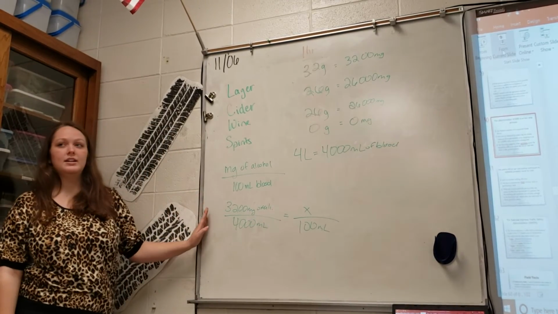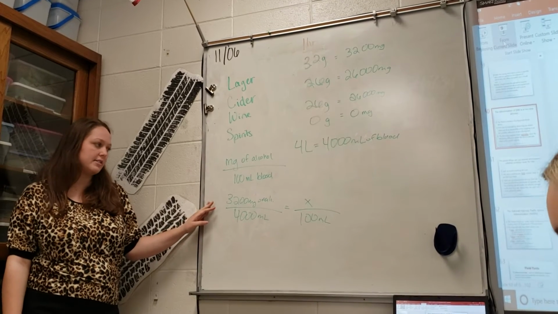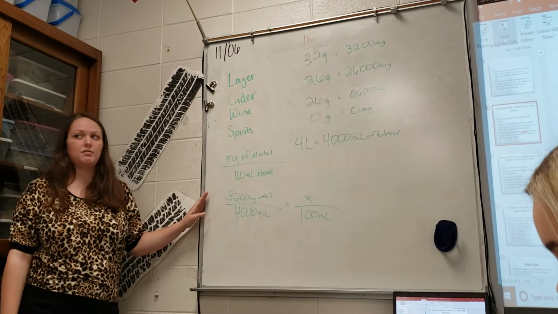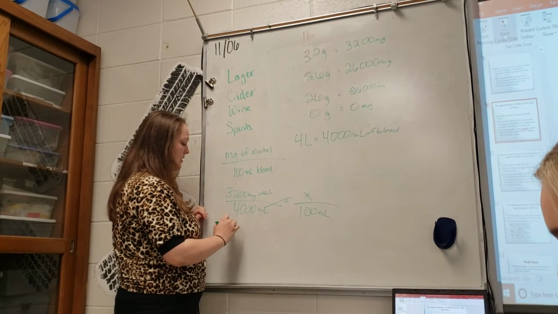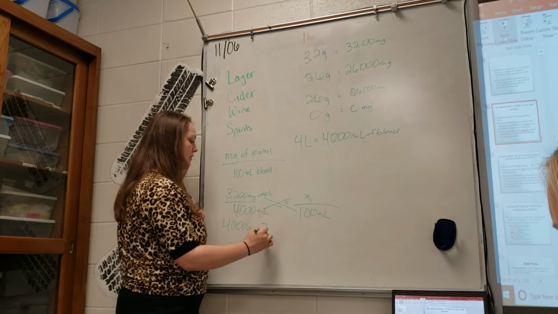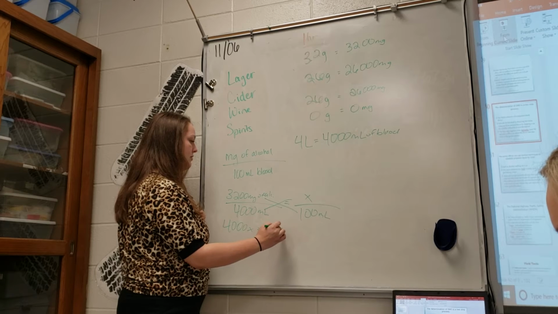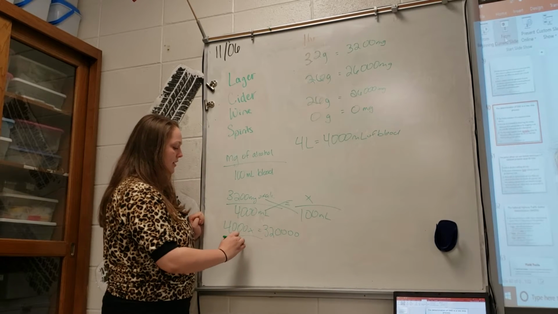So at this point, it's just a lot of algebra. And I know this is a science class, but you guys have to do a lot of math in your science classes. So the way I did it to solve for it is I just cross multiplied. You cross multiply here, you've got 4,000 x. And you cross multiply here, you've got 32 with 4 zeros after it. And then you divide this out to solve for x.